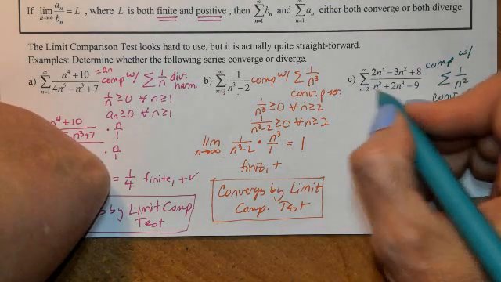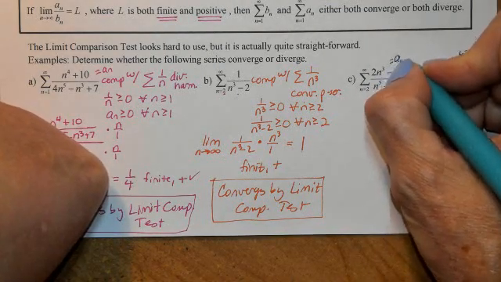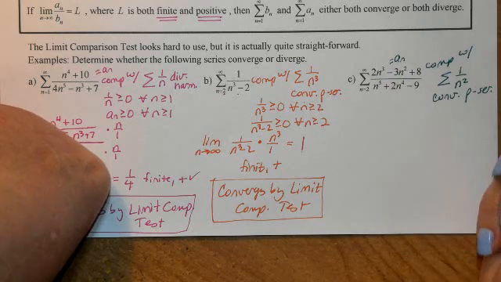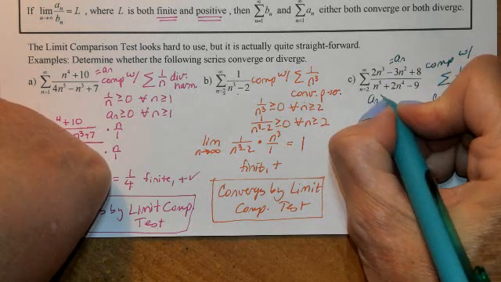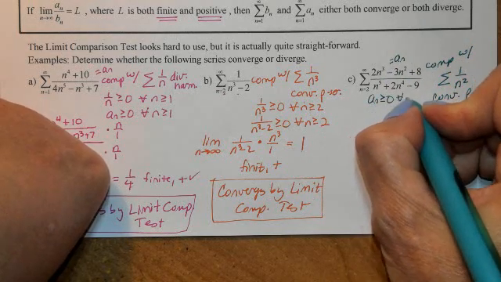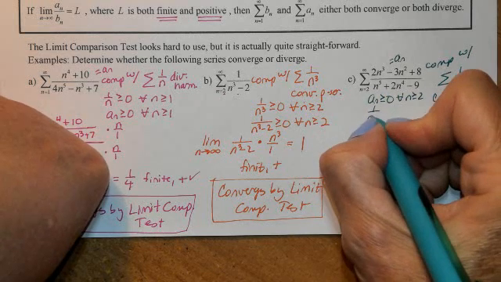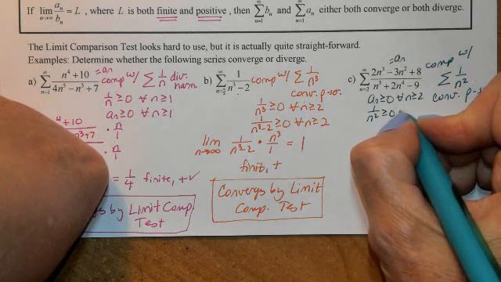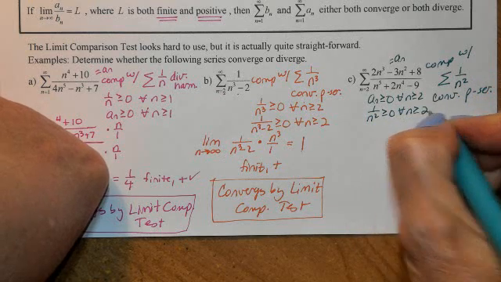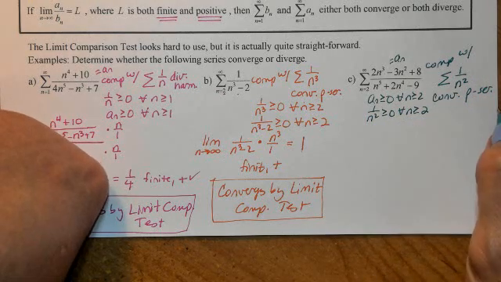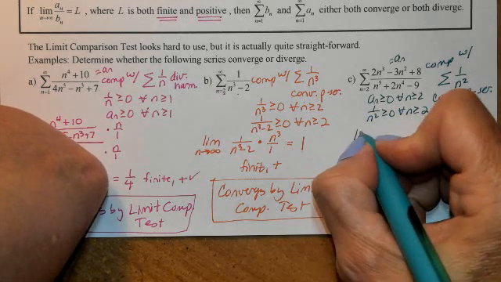This is a big thing, so I'm just going to let that be a sub n or b sub n, it doesn't matter. And then I'm going to say a sub n is greater than or equal to 0 for n greater than or equal to 2. And 1/n squared is also greater than or equal to 0 for all n greater than or equal to 2. Time for our limit.